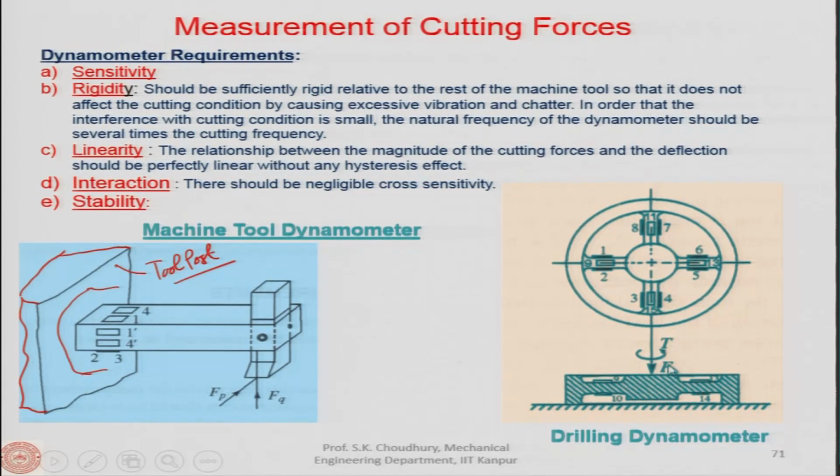So, these forces are different from the drilling forces. In drilling, as we have already discussed, the thrust and the torque both are applied to the drill. Therefore, if you have a dynamometer like that, it is very obvious that it cannot be used for measuring the forces in drilling. But if we have a dynamometer like this, here if you can see it, this is the ring type.